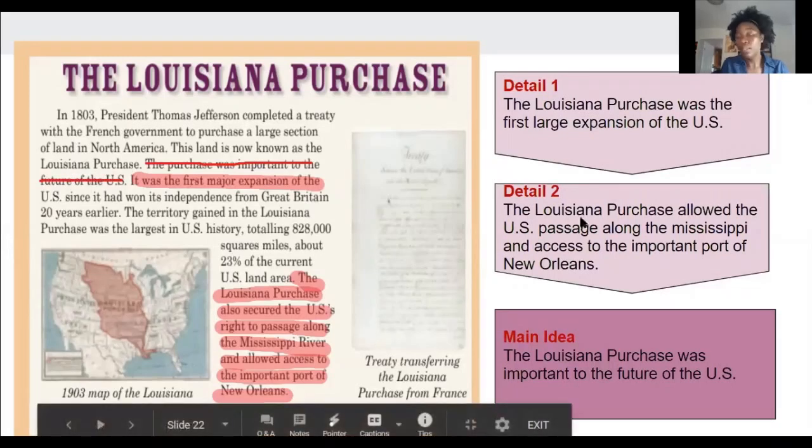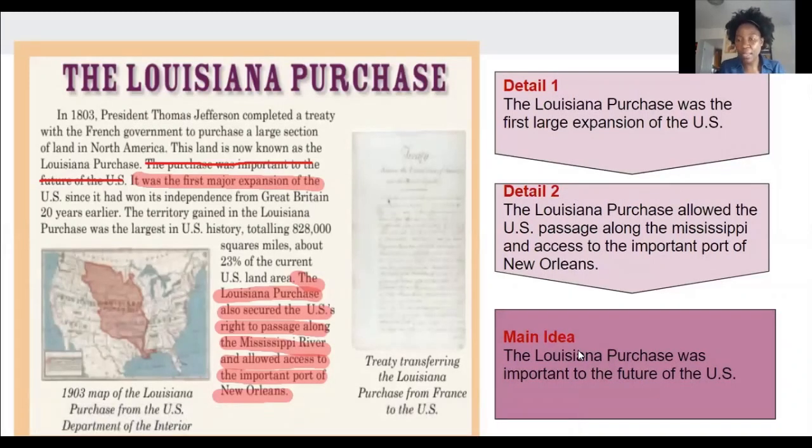And when we summarize these details, it supports what the author wants us to know, the main idea. The Louisiana Purchase, boys and girls, was important to the future of the United States. I'll give you a few seconds to clarify your notes if you need to.